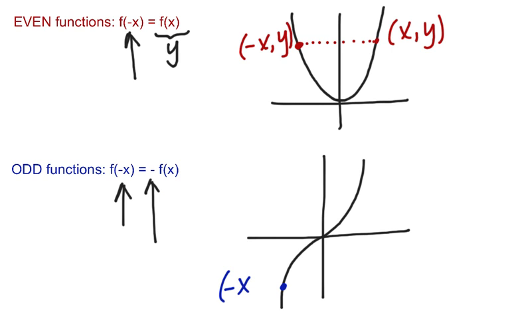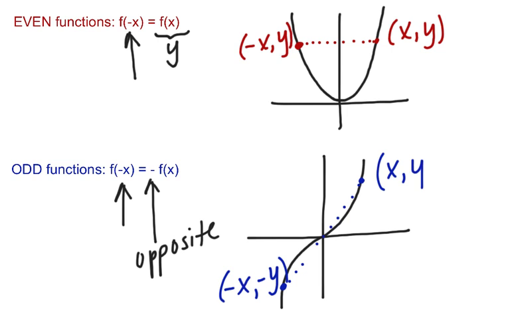So think of this negative out in front. Think of using the word opposite. The opposite of f of x. I'm going to get out the opposite y value. So my coordinate, if I'm inputting a negative x, I'm going to get out a negative y. That's the opposite y value from what I would get if I had put in a positive x value.